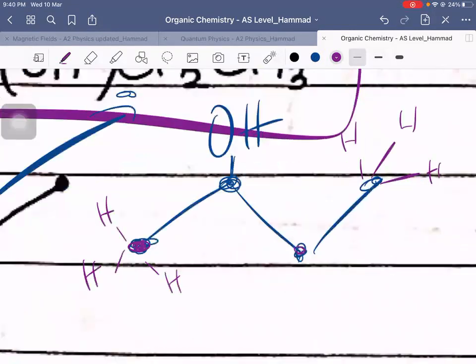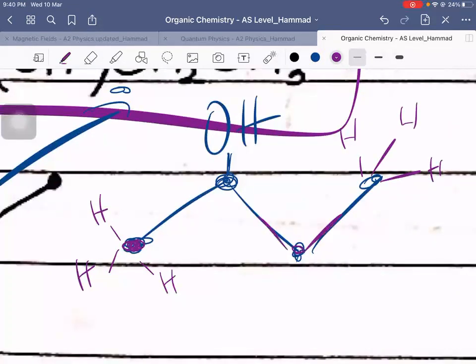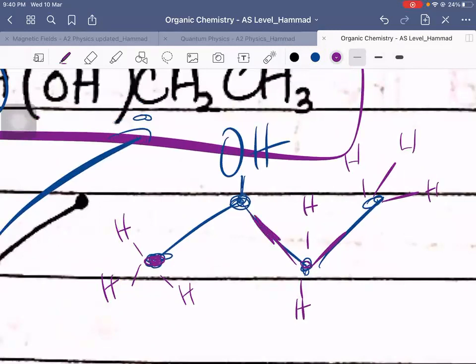This one has 1 bond, 2 bond, so naturally has 2 hydrogens involved. This one had 1 hydrogen involved because it was already showing 3 bonds.